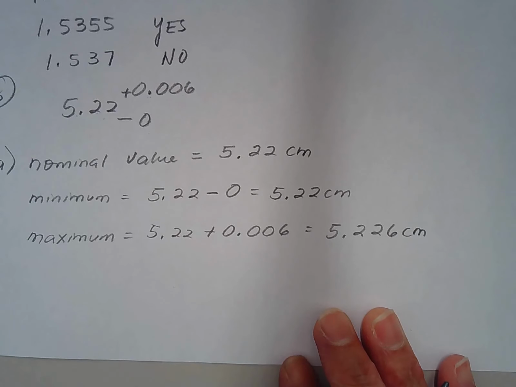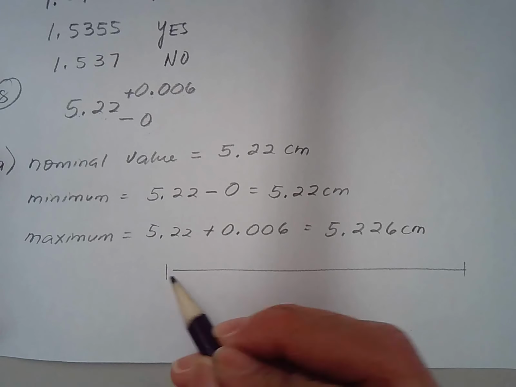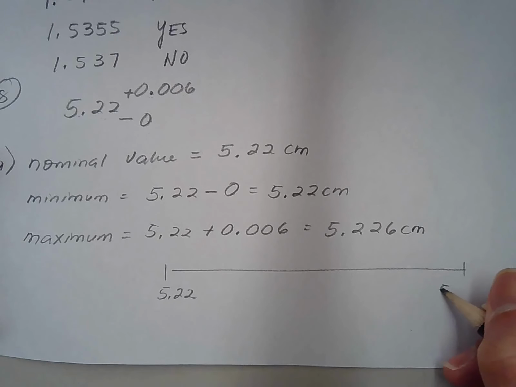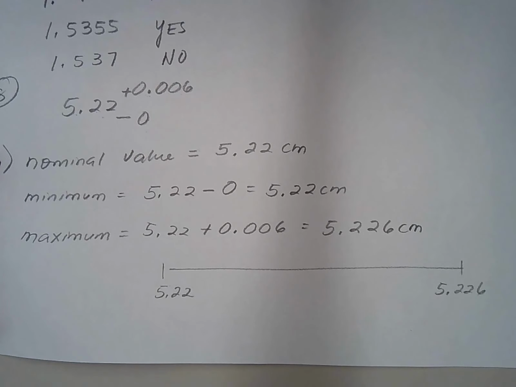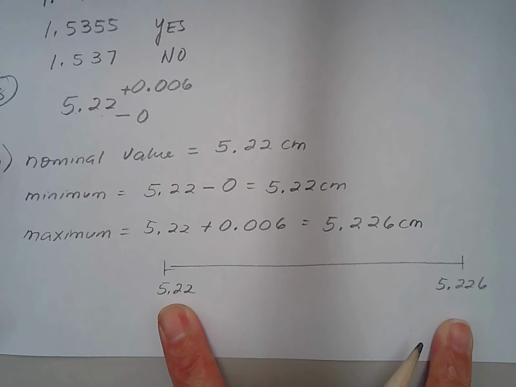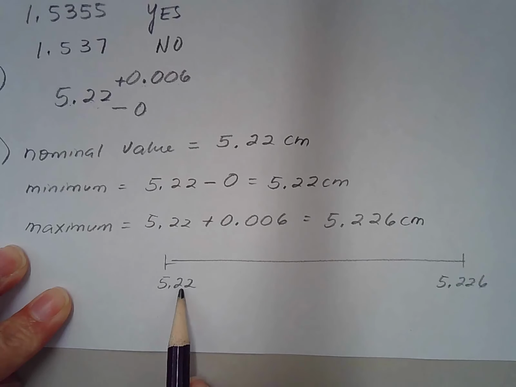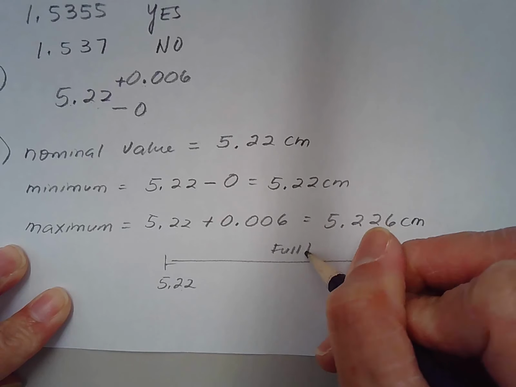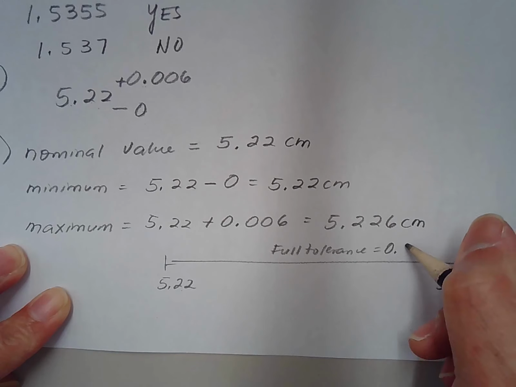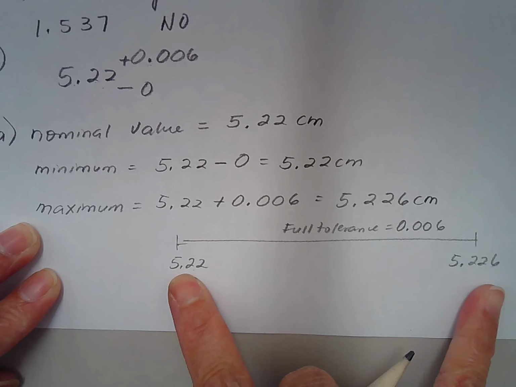Now, what's the tolerance? Okay, now let's see if we could figure out the tolerance from here. Minimum is 5.22. Maximum is 5.226. So full tolerance is how much is the spread from minimum to maximum. It's going to be 0.006 from minimum to maximum.